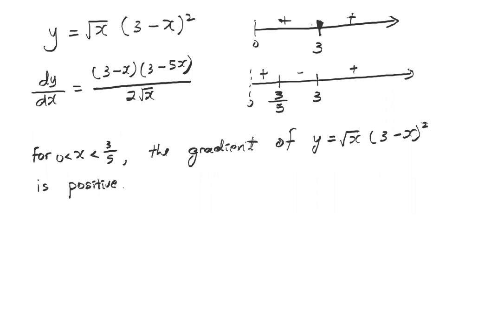All right? Agree? Yeah. This implies that y equal to square root of x times (3 - x) squared is increasing.